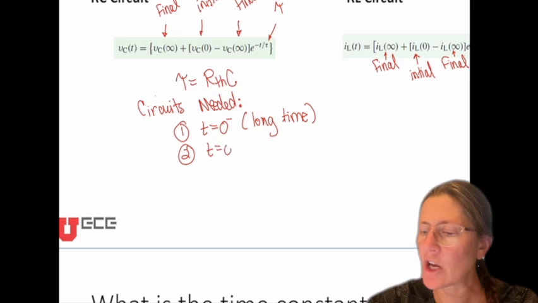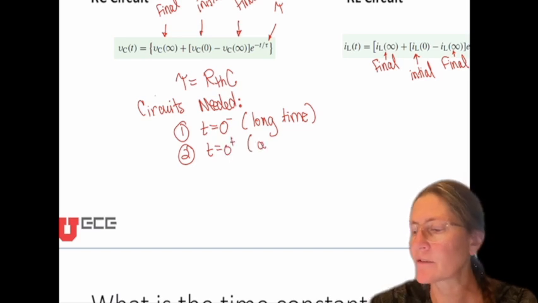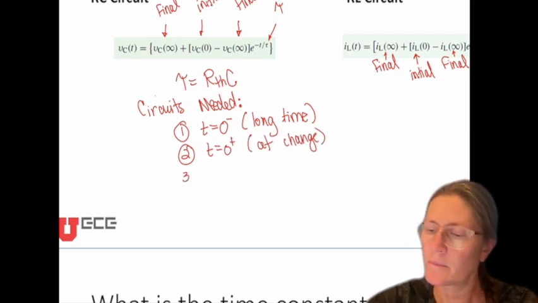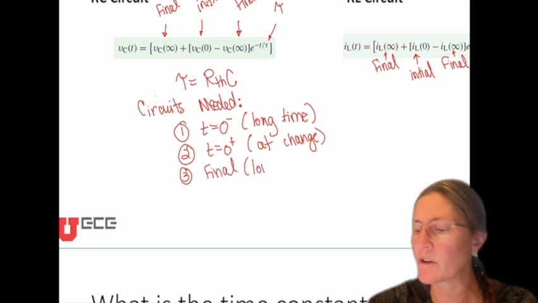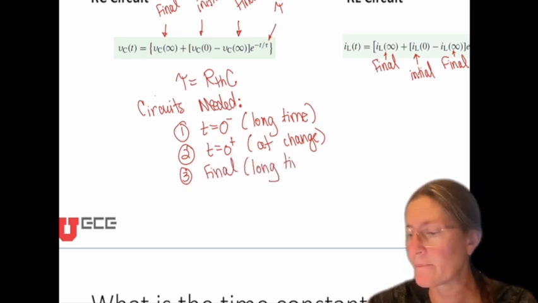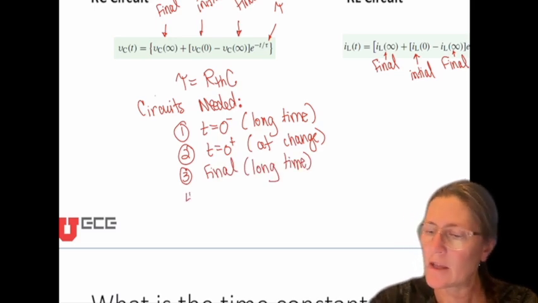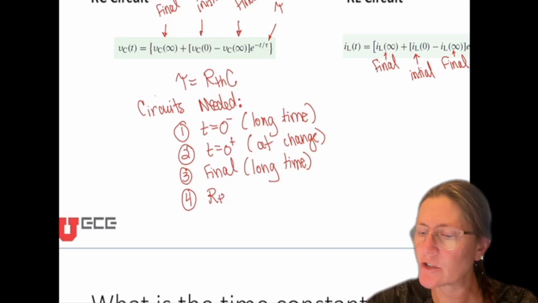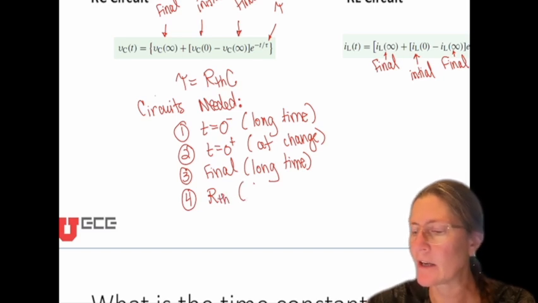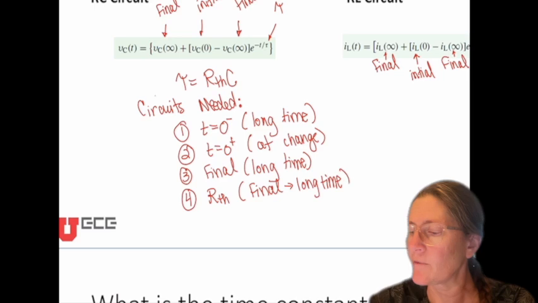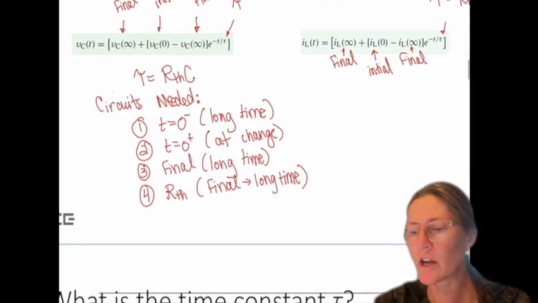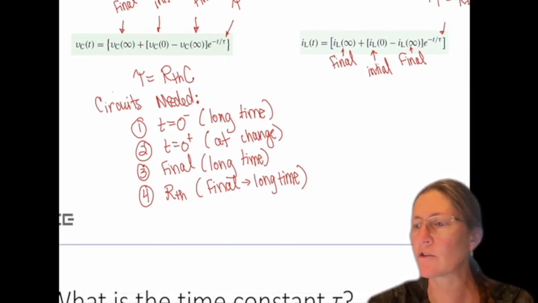Then at the change, which we call 0 plus, and then the final state, which again will have sat there for a long time. And then you need to find RTH to find tau, again in the final state, and so again a long time.